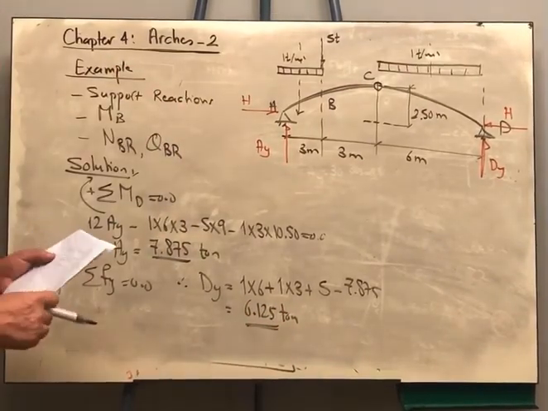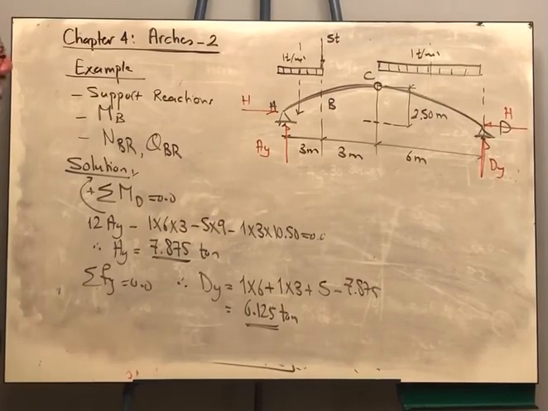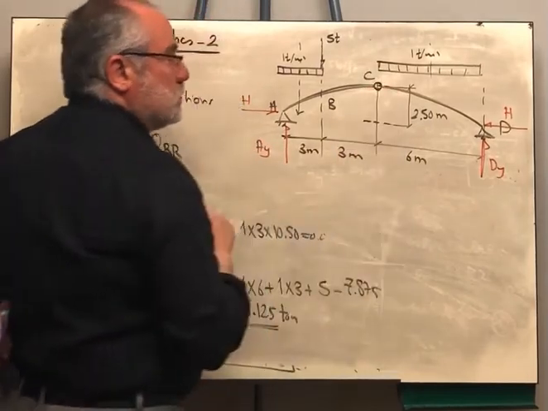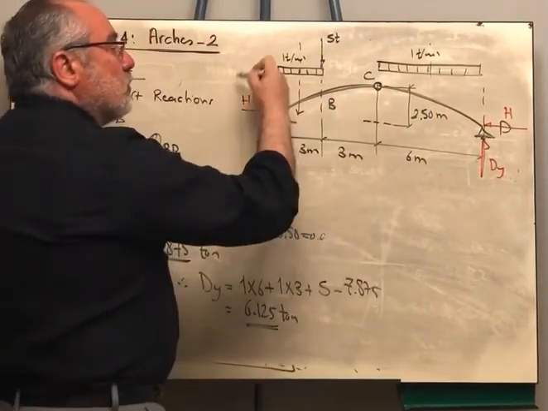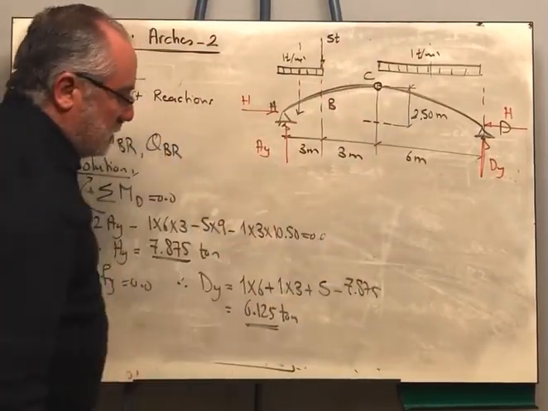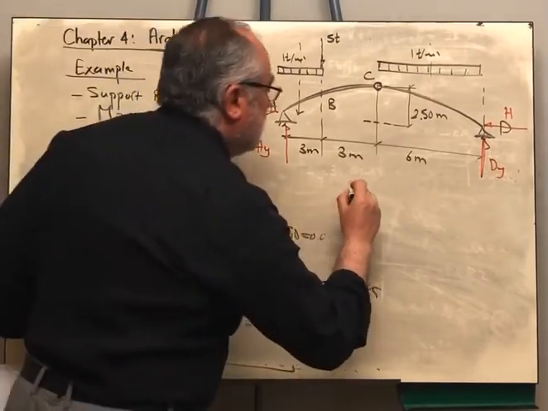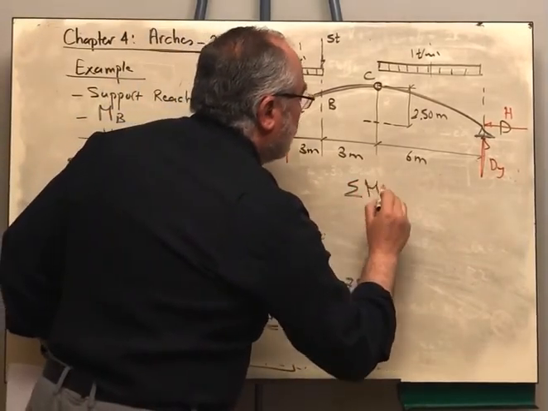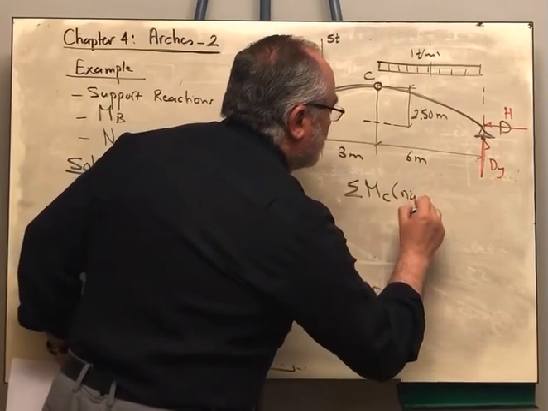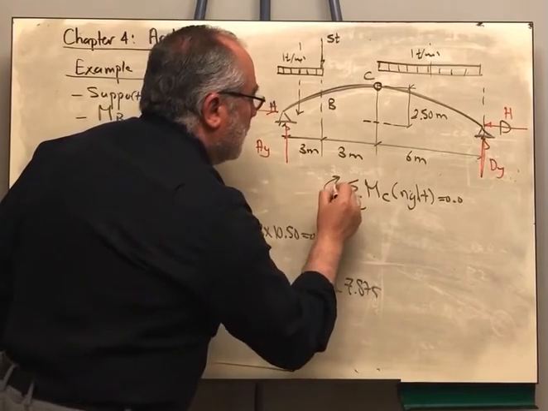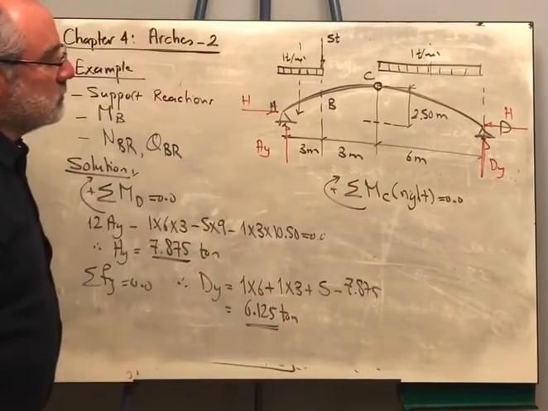Okay, now we need to get the horizontal reaction. He gave us the intermediate hinge for that purpose. Either I can solve the left hand side or the right hand side. The right hand side is easier. Then I can say sigma the moment about point C from the right is equal to 0, and this is the positive direction.